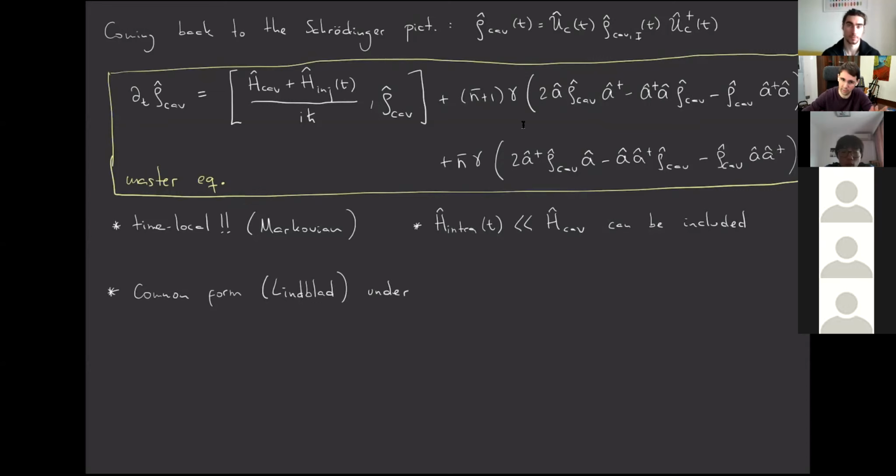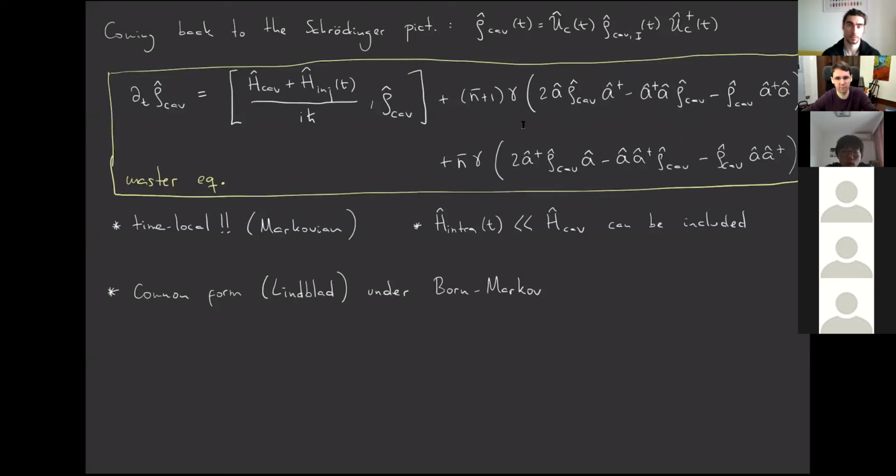So this always happens, okay? Any open system has this kind of evolution equation, this kind of master equation, but only if you are in the Born Markov approximation.